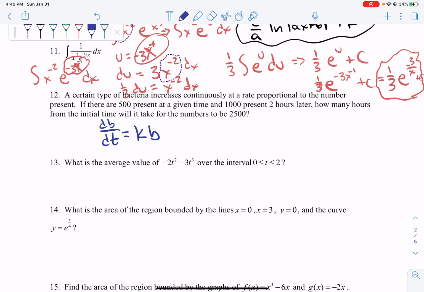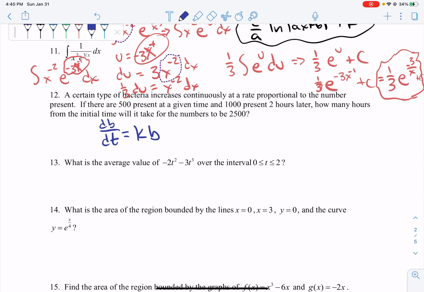So K times B. Now, another one of those that you hopefully have memorized at this point, when we went through and actually solved one of these problems, we came out with something that looked kind of like PERT.